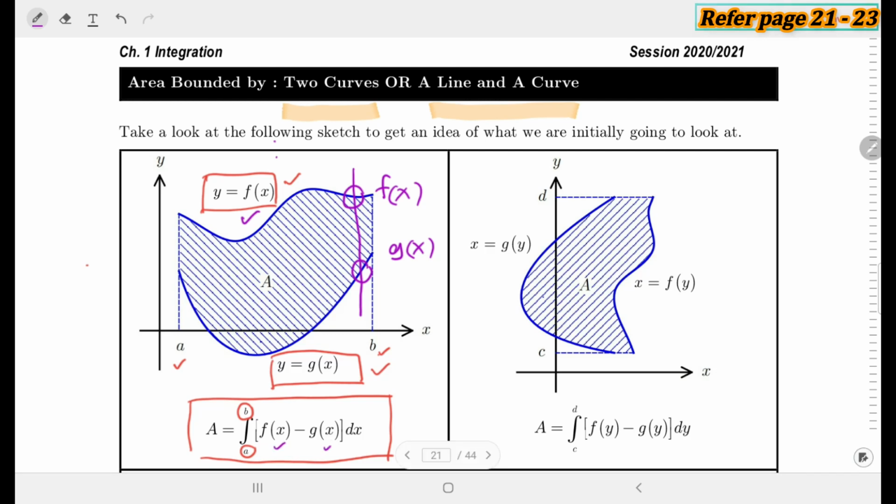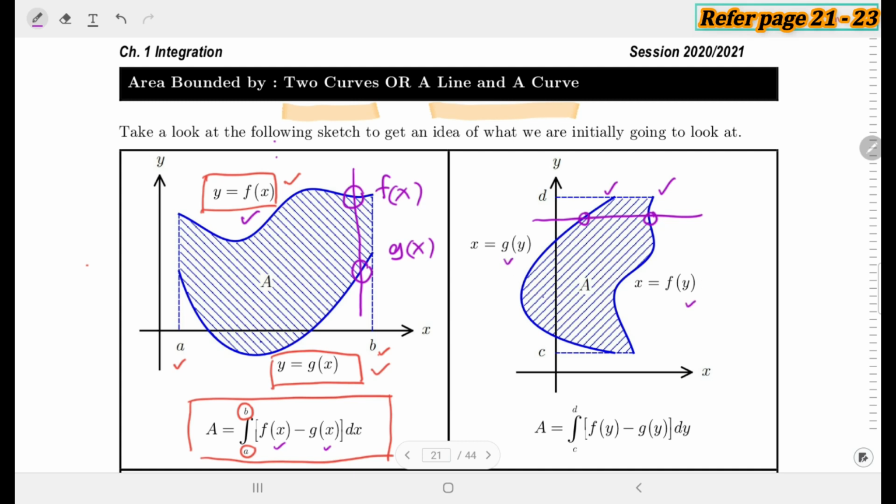For the right side sketch, we also have two curves: the first function and the second function. For this case, we look at the function at the most right, and then which function is to the left side. When I draw a horizontal line here, f(y) is at the most right and g(y) at the most left.